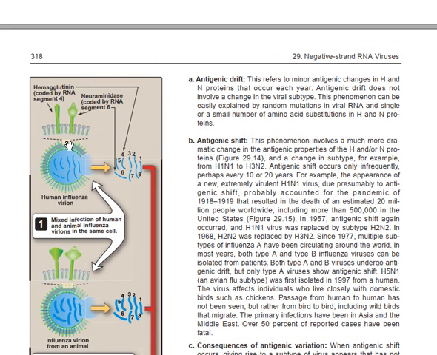So how does it occur? This change occurs because hemagglutinin is coded by RNA segment 4. Is it clear? Neuraminidase is normally coded by RNA segment 6, and it's all going to produce a human influenza virion. These are the different RNA; you can have 1, 2, 3, 4, 5, 6, 7, and 8 RNA segments.